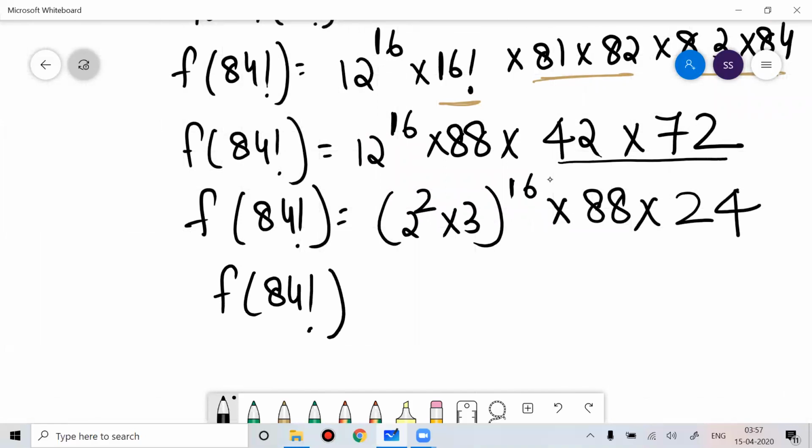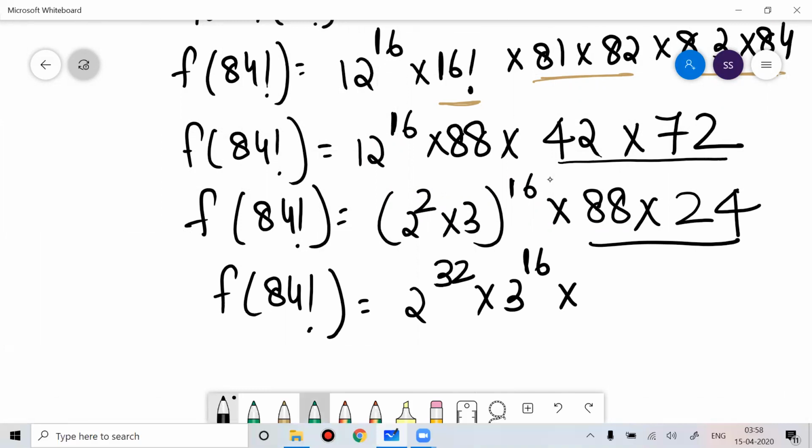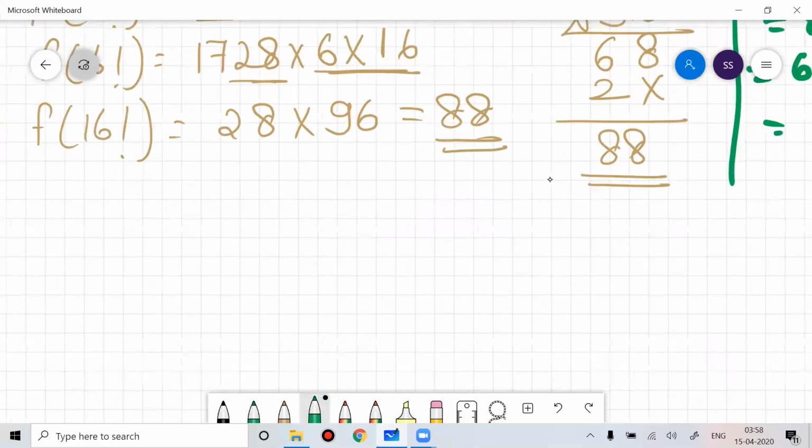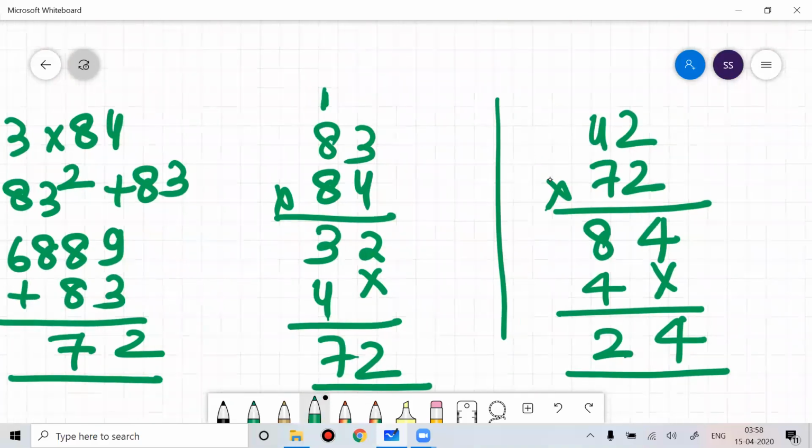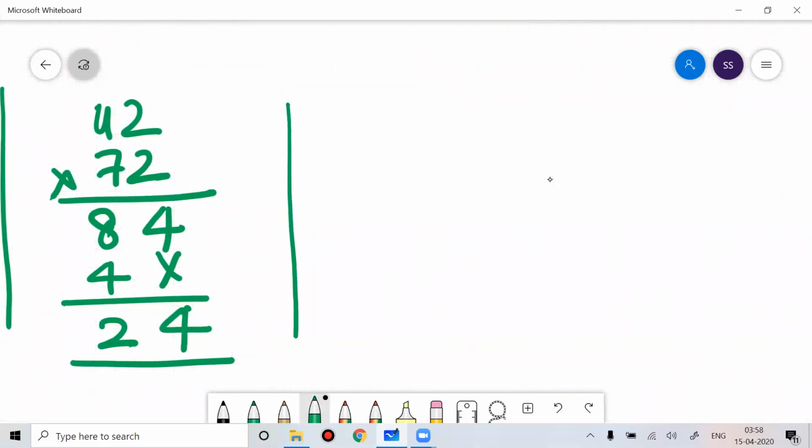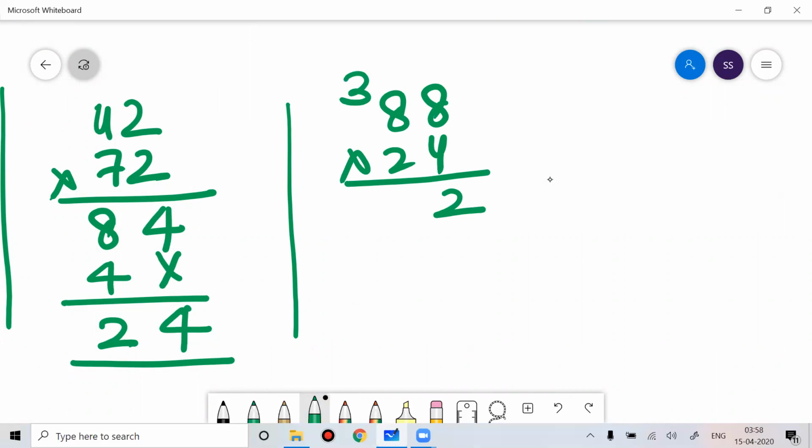Now I can write this as 2 to the power 32 into 3 to the power 16 into, what is 88 into 24? So 8 fours are 32, 3 carry, 8 twos are 16 plus 3, so just focus on the last two digits.